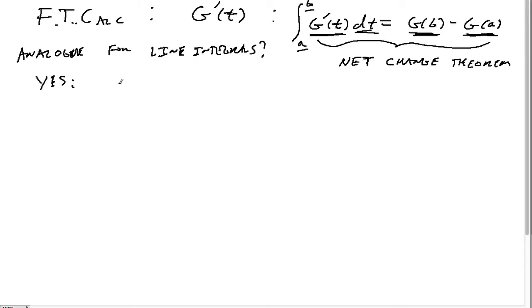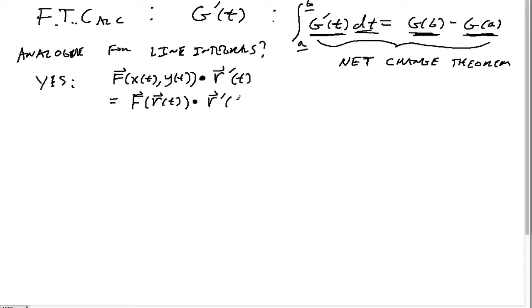So let's look again at our function. We had this vector function, and we are going to evaluate it on this path C, and dot it with another smooth function, r prime of t. Or we can also write this as F evaluated at the vector r of t dotted with r prime of t.